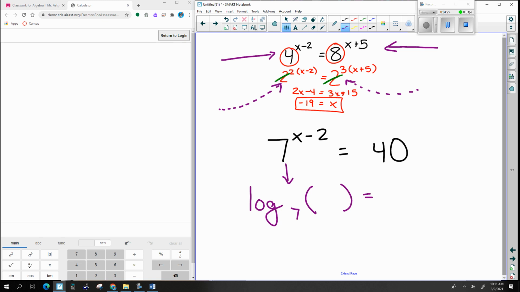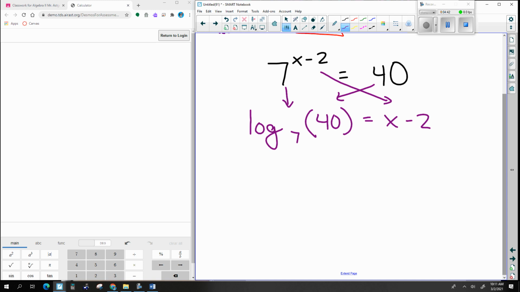And then everything else switches sides. So 40 comes dropping in, and then x minus 2 goes over there. So when the bases are completely different, write it as a log. If you have exponents just on one side, you can go ahead and write it as a log.